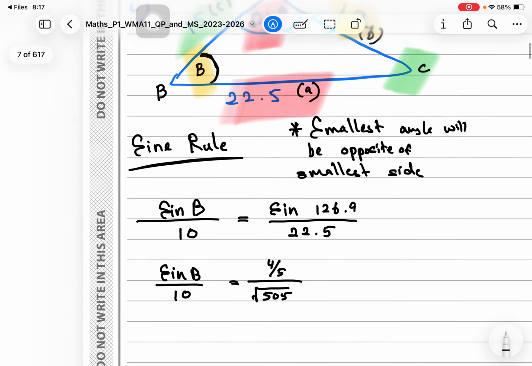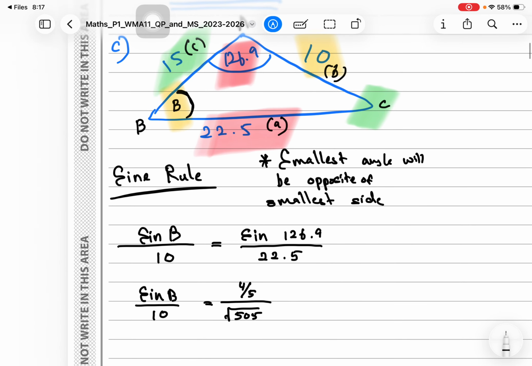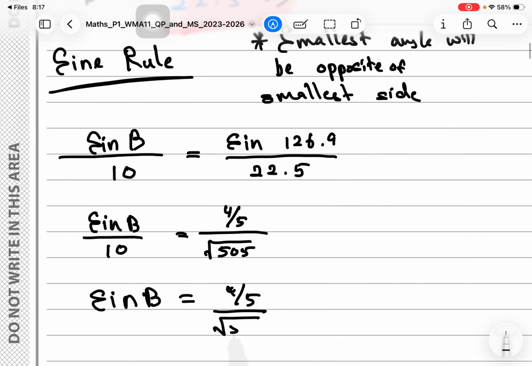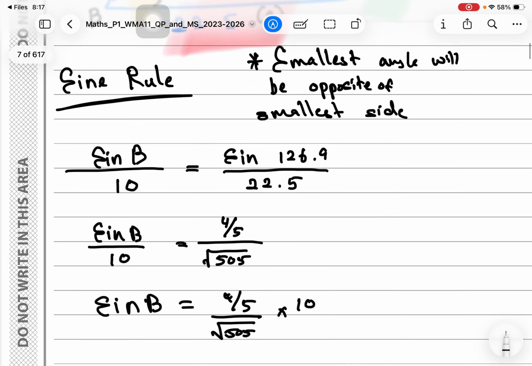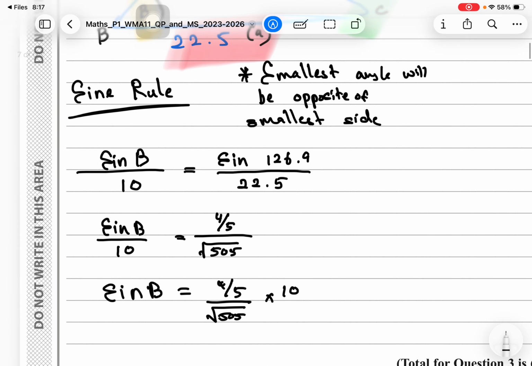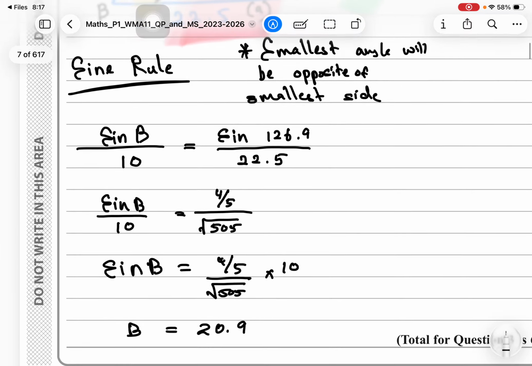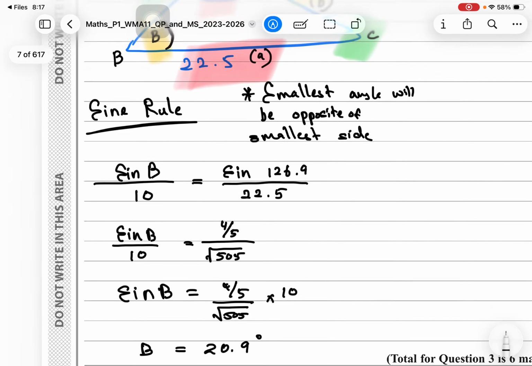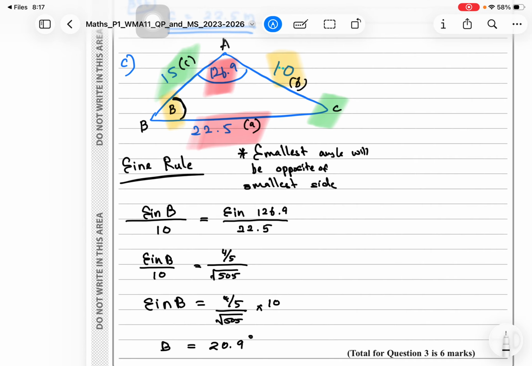Let's use the real value so that we get a more accurate answer. So sine B equals 4 divided by 5 divided by root 505, times 10. We take the sine inverse of this value, so B will be 20.9 degrees. This is how you get the degrees as well. So now we have the smallest angle.